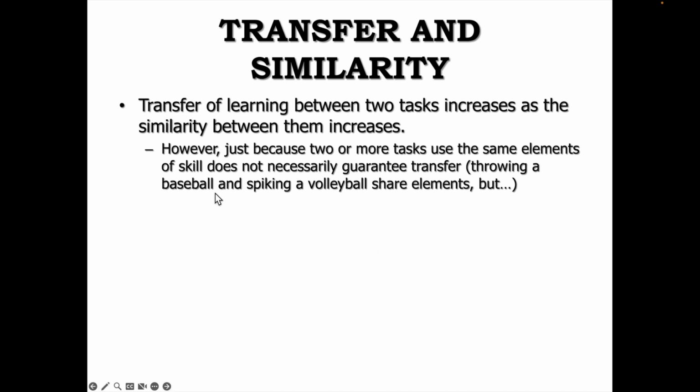For example, throwing a baseball and spiking a volleyball share a lot of similar elements, such as an overhand motion where the arm swings through, but they're not exactly the same, because we have different sized balls, different situations, and different ways we contact or hold the implement. So we need to see whether there is actually a transfer between these similar but not perfectly similar skills.